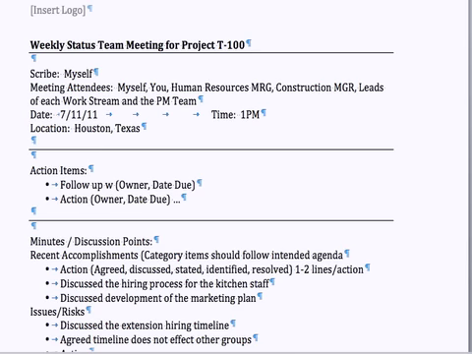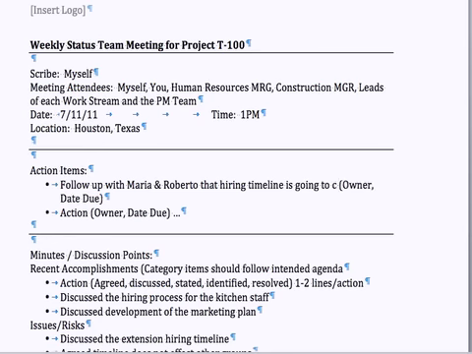Let's just say it is the owners, Maria and Roberto, as was mentioned in the project charter, that the hiring timeline is going to change. The person that should probably do that is the project manager, and then let's say there's a call set up with the project manager the day after the status report, and that's when the due date is. So that's an example of how you would use the meeting minutes template.